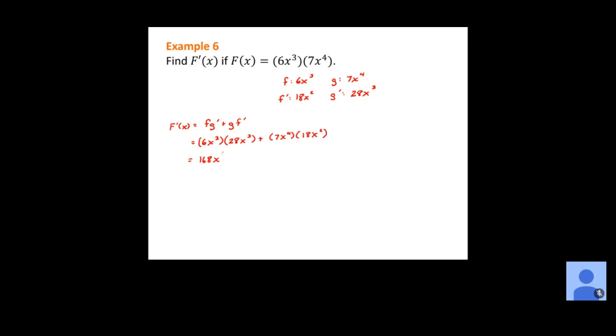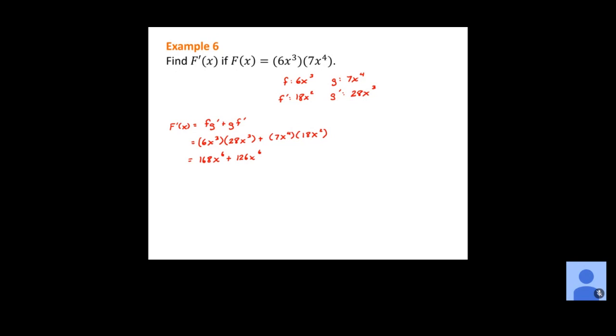And then we add the exponents, so that's x to the sixth, plus, now if we multiply the 7x to the fourth times 18x squared, what's that going to give us? Good. 126. Again, we add those exponents, 4 plus 2 gives us x to the sixth.